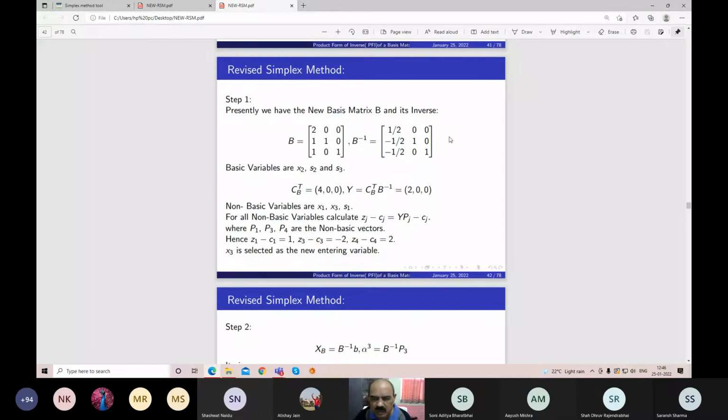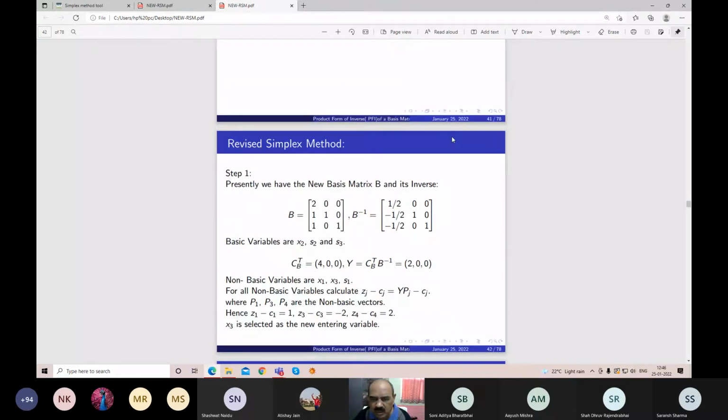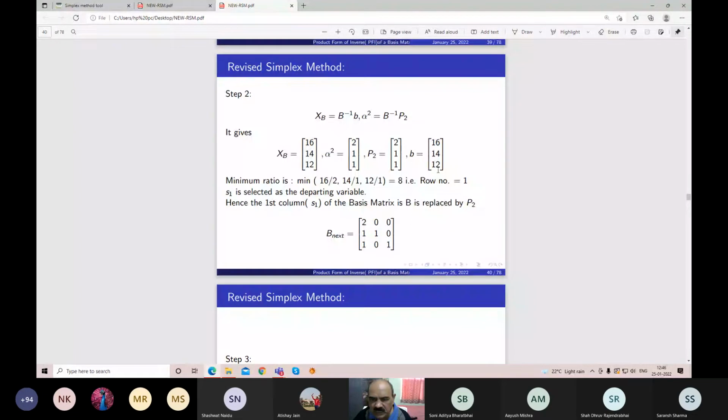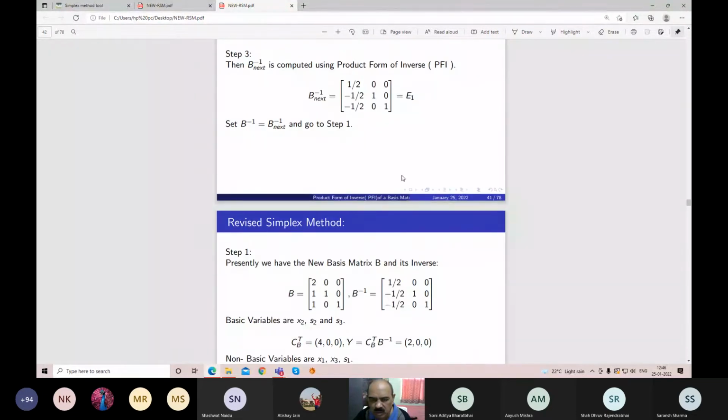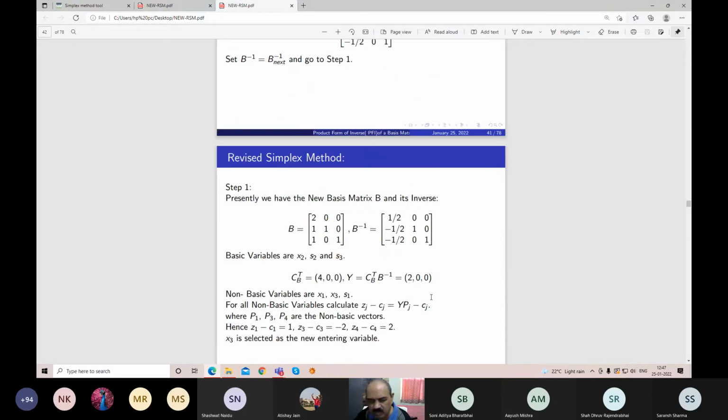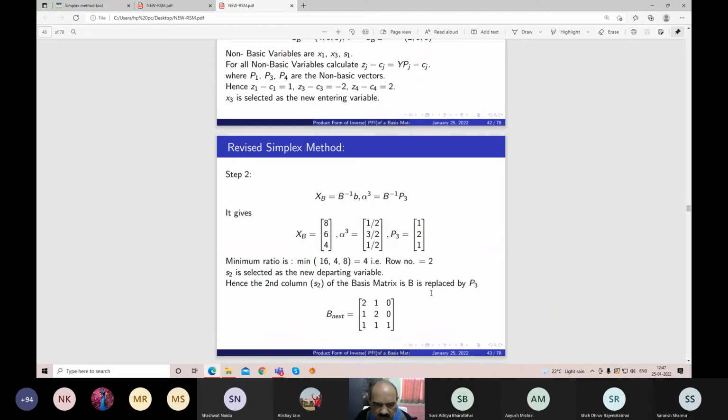Small b elements are 16, 14, 12. With respect to this B inverse, multiply 16, 14, 12, a column vector. Our XB is becoming 8, 6, 4.